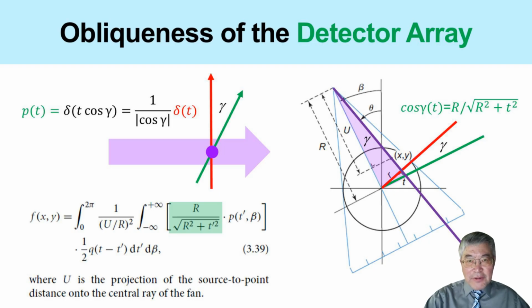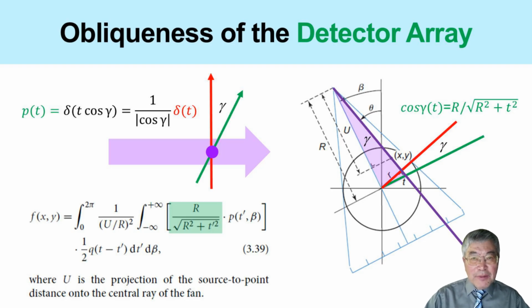Now, let us look at the obliqueness of the detector array. First, look at the figure on the left. Suppose the red detector array is perpendicular to the purple X-ray beam. In that case, if we have a very small purple point object, its projection on the detector is also a point-like signal.